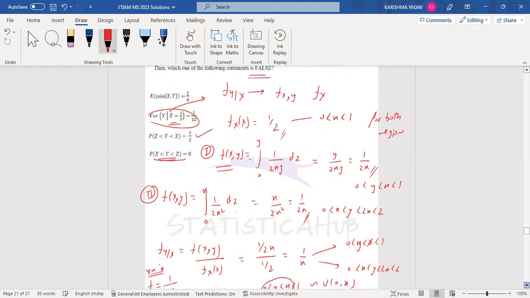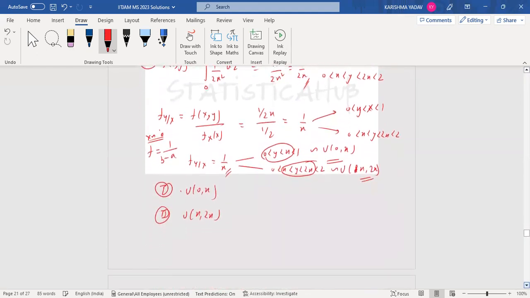So let's put x equals 1 by 2. Then this will be uniform 0 comma 1 by 2, and this will be uniform 1 by 2 comma 1, right? And uniform is a continuous distribution, so we can definitely combine them, and this will follow uniform 0 comma 1.